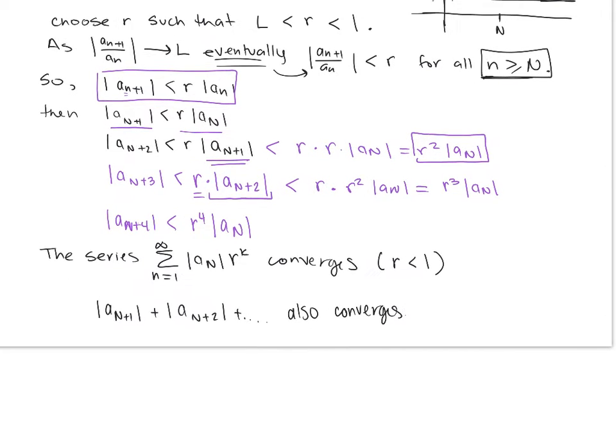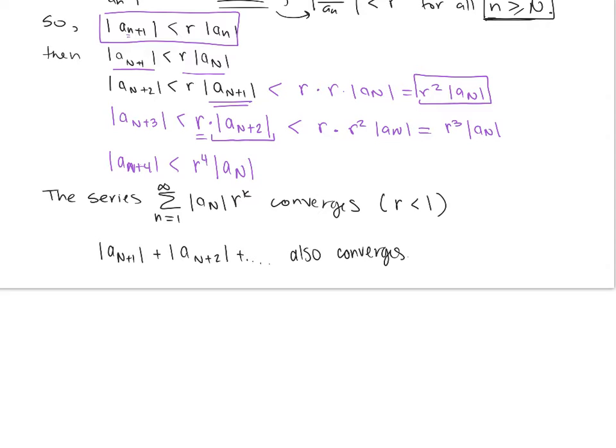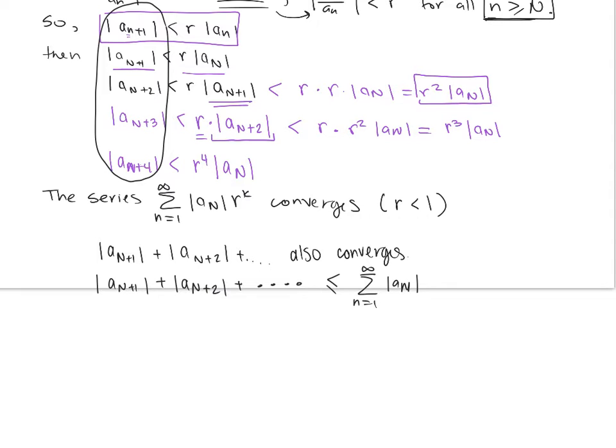And let me explain that a little bit better. The absolute value of A sub N plus 1 plus absolute value of A sub N plus 2 plus so on, that's like adding up all these things on the left side of these inequalities. That's less than or equal to this geometric sum we just stated converges, right?